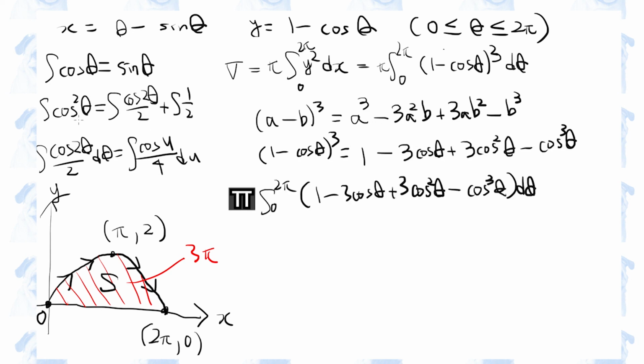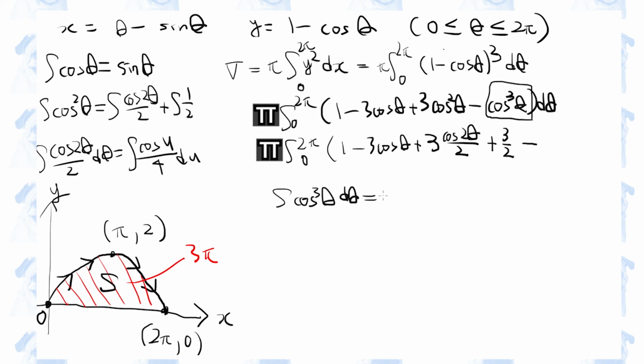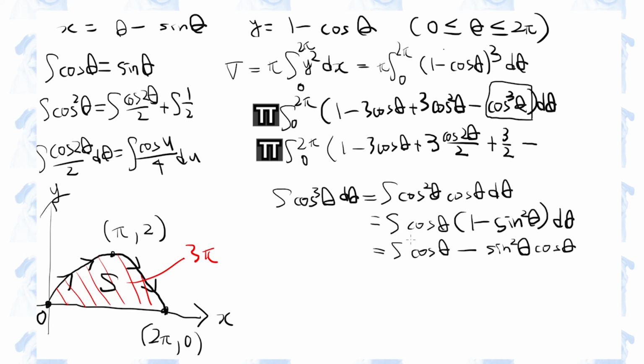From the previous question, we know that cosine squared theta is cosine 2 theta over 2 plus 1/2. Now, what is cosine cubed theta? Cosine cubed theta is cosine squared theta times cosine theta. And recall that cosine squared theta is 1 minus sine squared theta. Now let u be equal to sine theta.